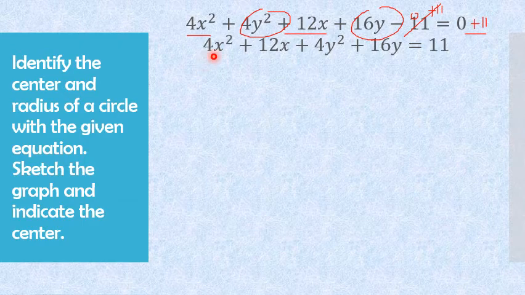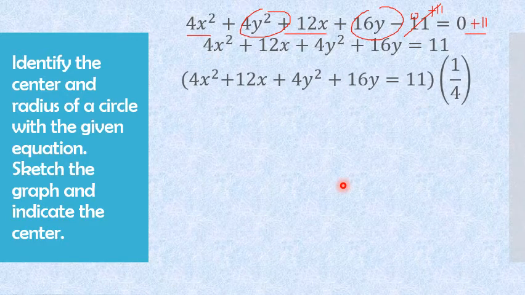So, since 4x squared and 4y squared have the same coefficient of 4, we can use 4 as the divisor para makakuha tayo ng coefficient na 1. Or simply, we multiply it by 1/4. Okay? So, this 4x squared plus 12x plus 4y squared plus 16y equals 11, the whole equation will be divided by 4 or multiplied by 1/4.